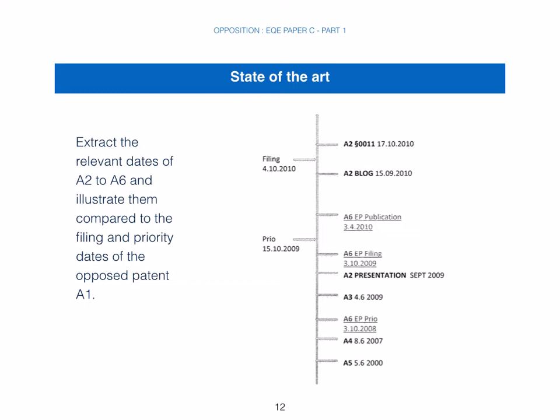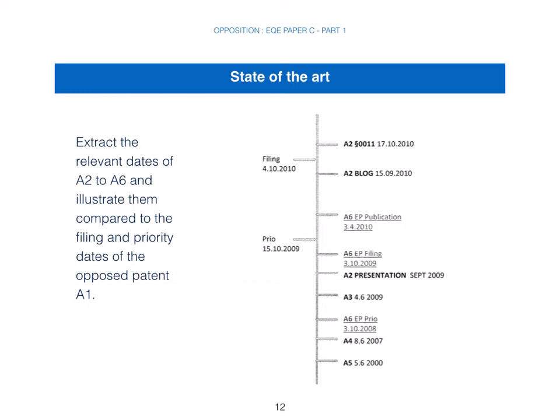We can see on the left hand side time is flowing upwards. A1's filing date and priority date are on the left hand side, and A2 to A6 relative to these two dates are listed on the right hand side of the diagram.